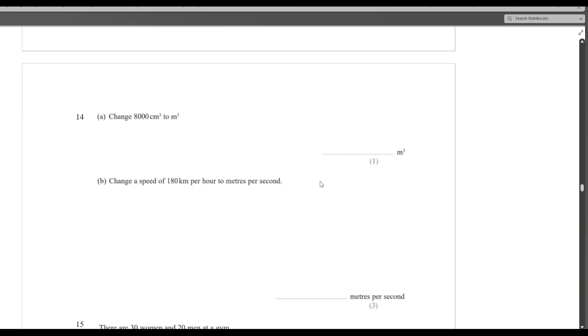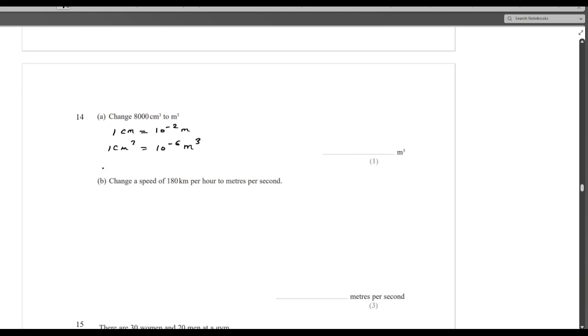Question number 14 is: change 8000 centimeter cube to meter cube. Now I know that 1 centimeter is equal to 10 power minus 2 meter, and therefore 1 centimeter cube in meter cube is going to be 10 power minus 6 meter cube.